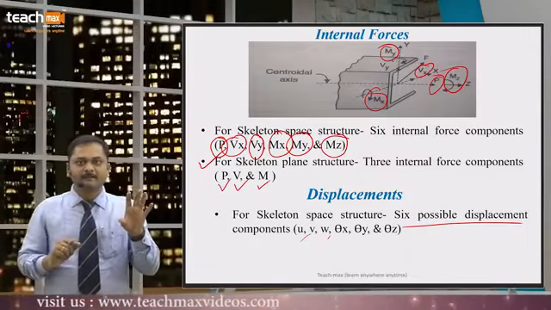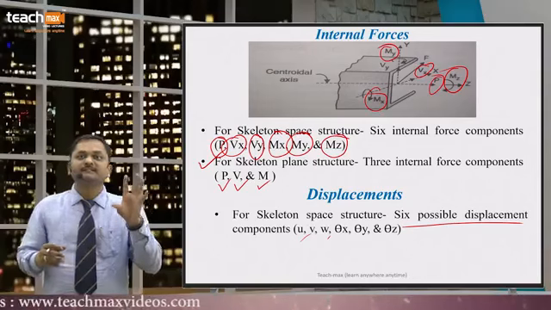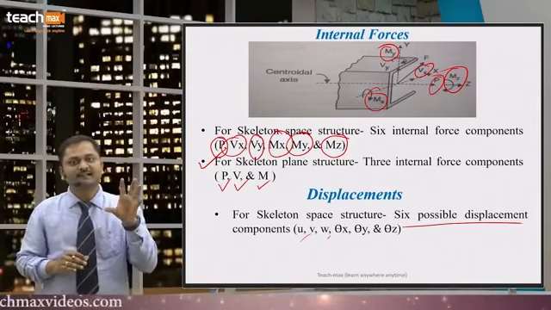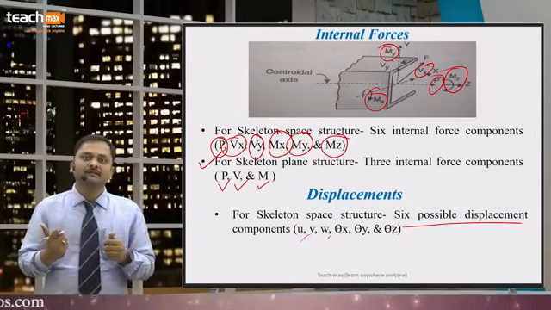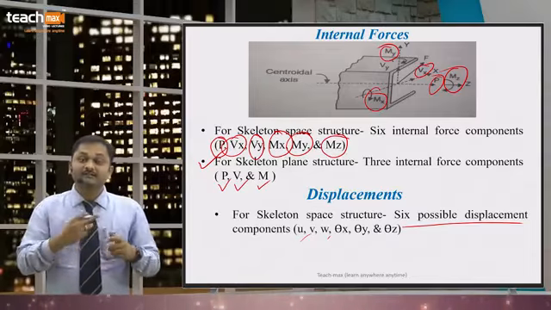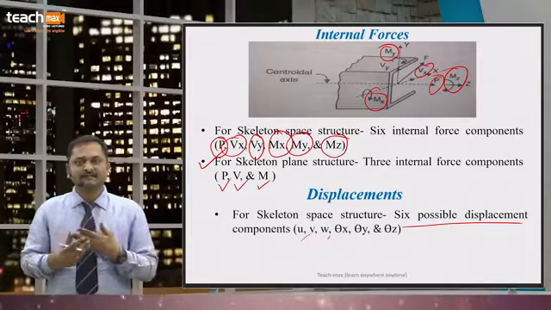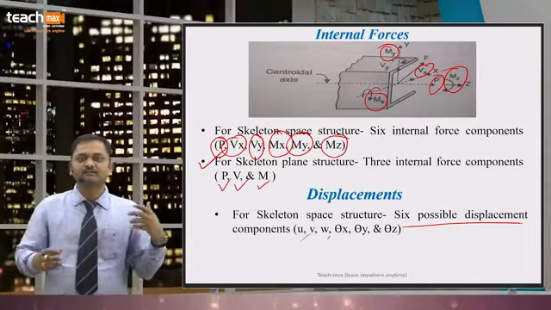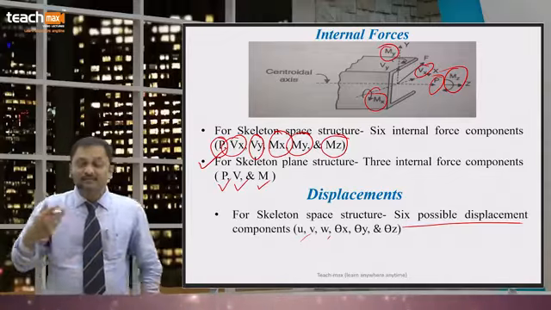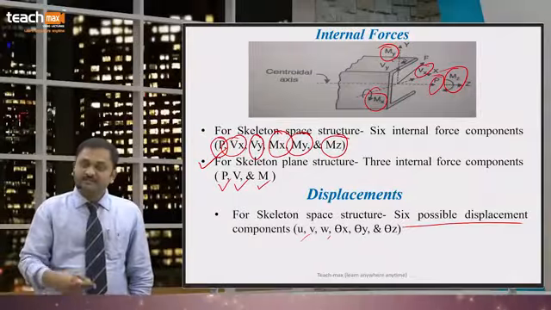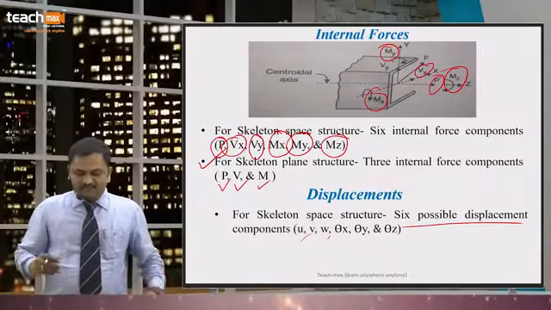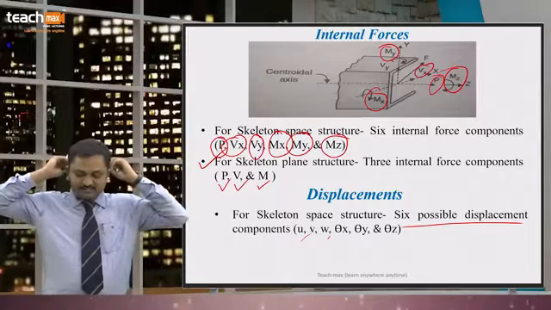So displacement means translation as well as rotation. Translation, we know, is when the body moves in only one direction without rotating, its rotation we neglect, so it becomes a translation. We studied the difference between rotation and translation in engineering mechanics, right?